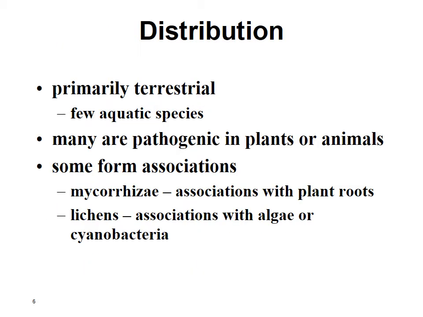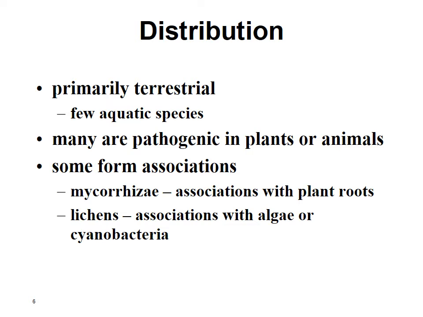Fungi are primarily terrestrial organisms, although a few are found in freshwater or marine environments. They have a global distribution from polar to tropical regions, and while many are pathogenic in plants or animals, there are many that form beneficial associations with other organisms called mycorrhizae. For example, most plant roots form symbiotic associations with fungi, these mycorrhizal associations.